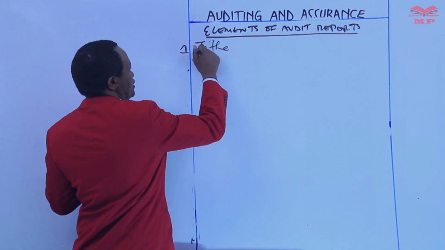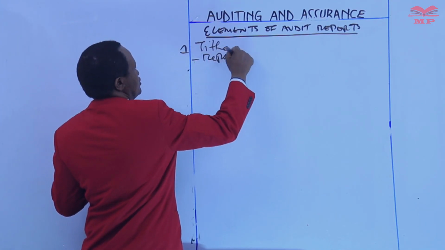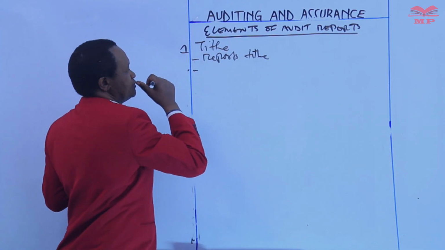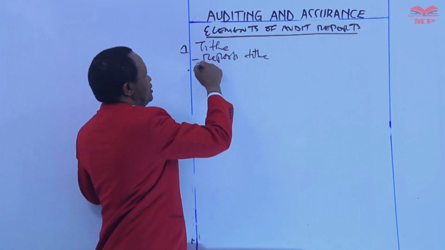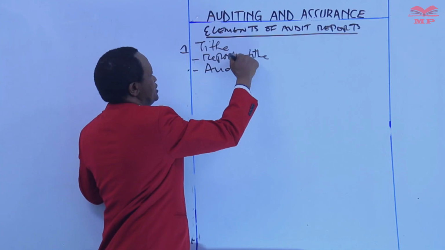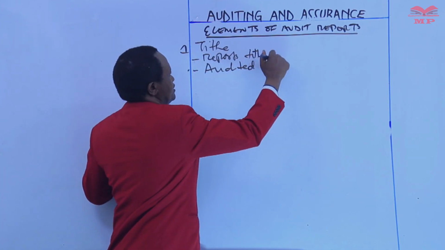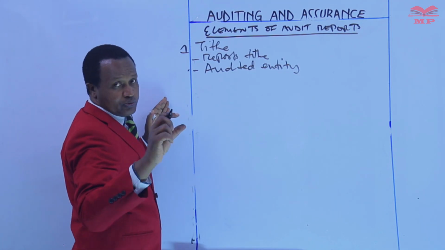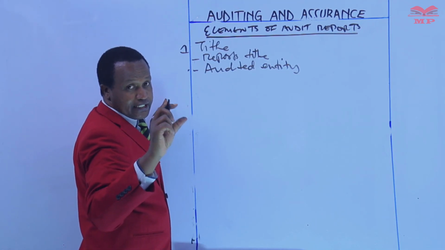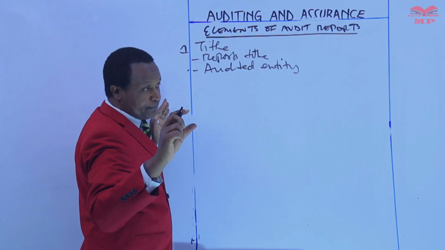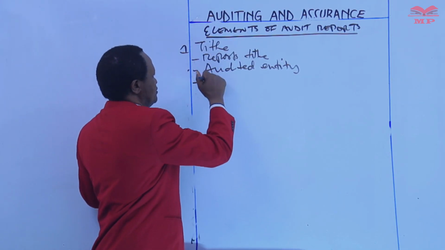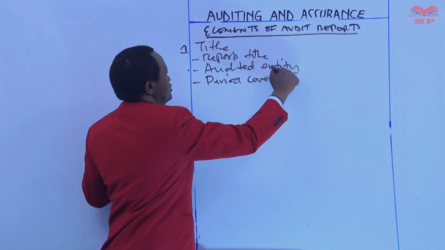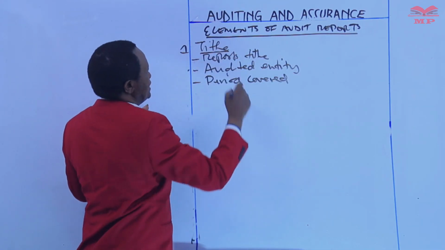So here we have the report's title. Then it must have the audited entity at the top, the audited entity, the period covered. That is what constitutes the title.